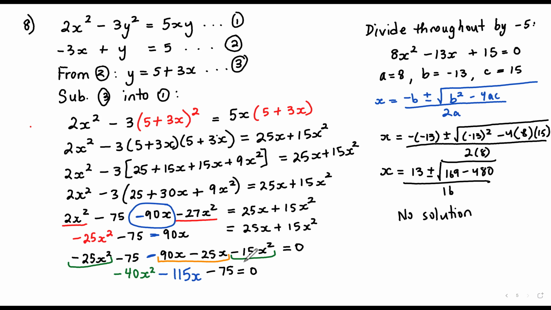And then I divided throughout by 5, -5. So that would have been 40 divided by 5, which is 8. So that part is correct. But then 115 divided by 5 is 23. So here should be 23, not 13.